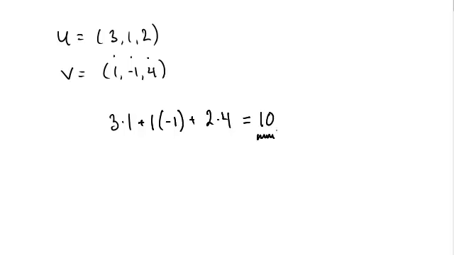Turns out that this number 10 is much more useful than this number where I simply multiply element by element. So we will actually define u times v like this. And to make clear that it's not the product element by element, we will call this the dot product instead of calling it the product.